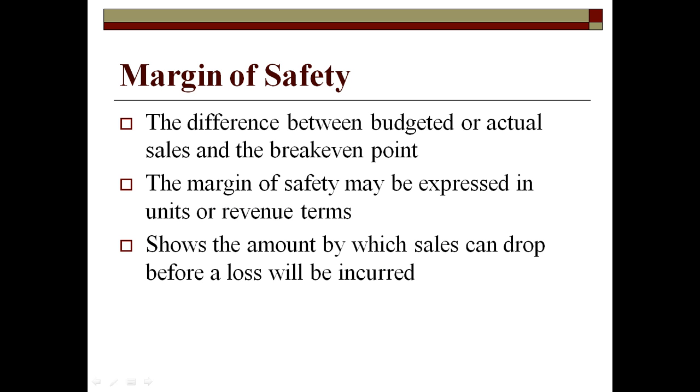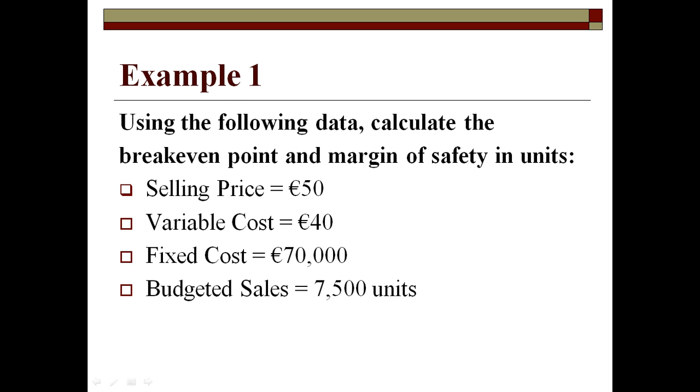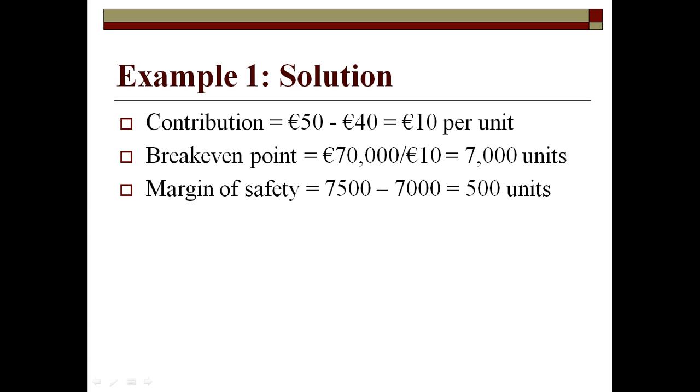Margin of safety: the difference between budgeted or actual sales and the break-even point. The margin of safety expressed in units or revenue terms shows the amount by which sales can drop before a loss will be incurred. Using the following data, calculate the break-even point and margin of safety in units: selling price 50, variable cost 40, fixed cost 70,000, budgeted sales 7,500 units.